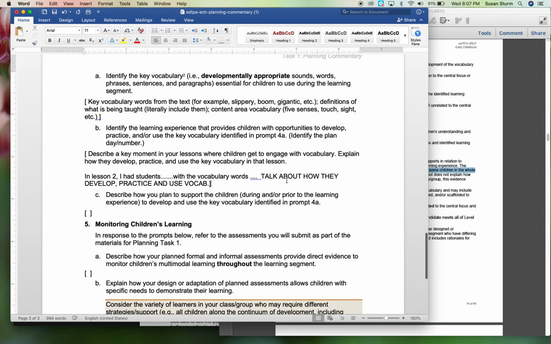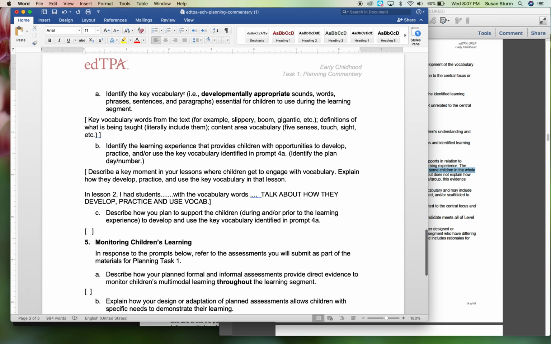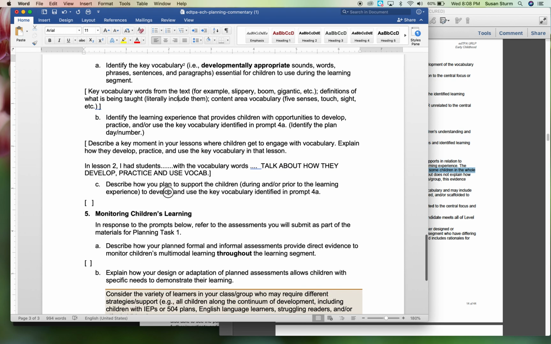Okay. And then the last bit, describe how you plan to support the children during and or prior to the learning experience and develop and use the key vocabulary identified in prompt 4A. So you listed off all the vocabulary. Now you have to talk about how you are going to support the children, both before and after.